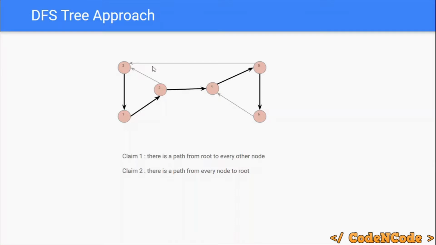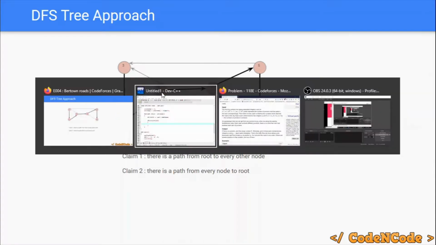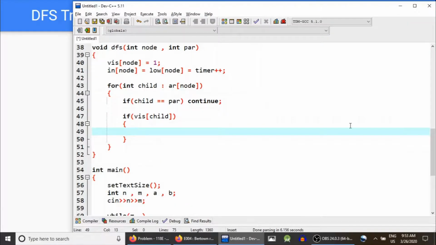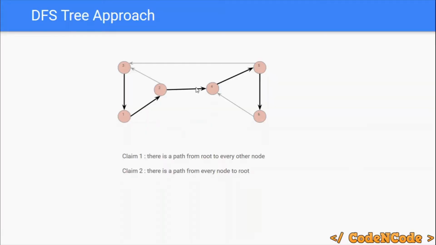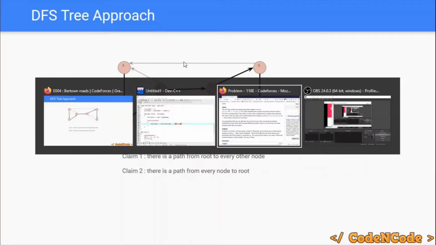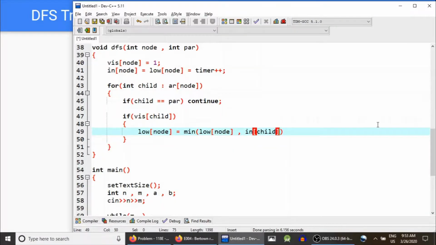It has to be its ancestor, and since it is its ancestor, we would simply minimize the low time. Low time of current node is equal to the minimum of low time of current node and in time of that node, that's your in time of child. I'm calling this child, but actually this is an ancestor. In fact, this can be anything, either child, ancestor or descendant.